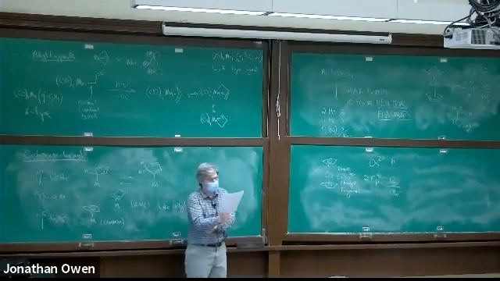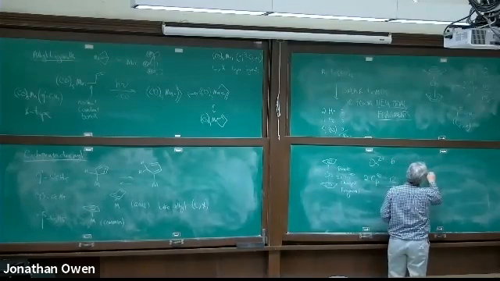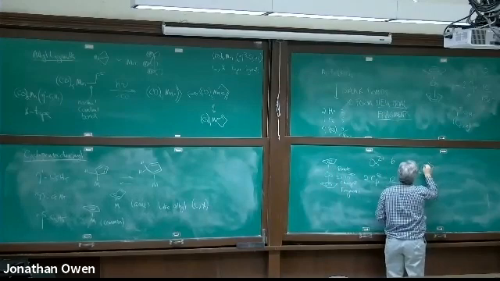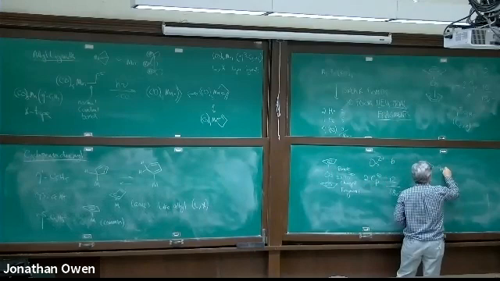But it turns out, maybe I should just put this up there to make it clear. Cp minus is 4n plus 2.